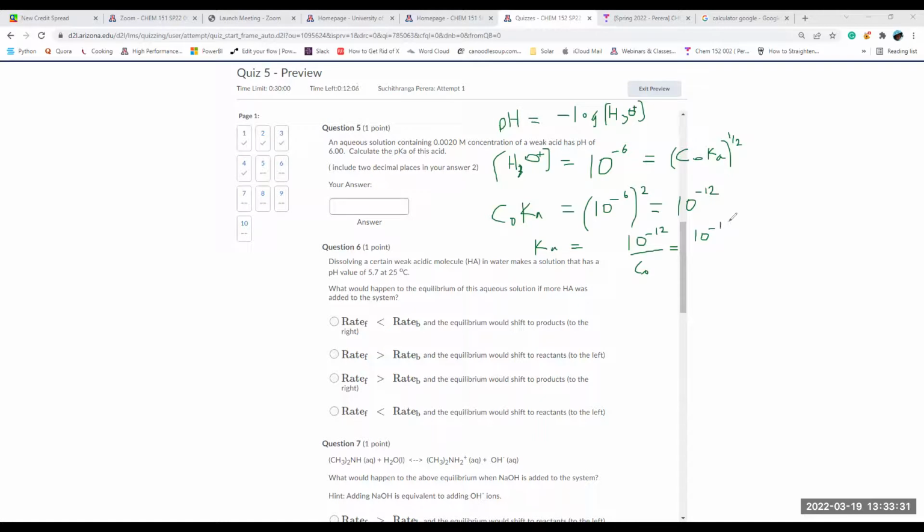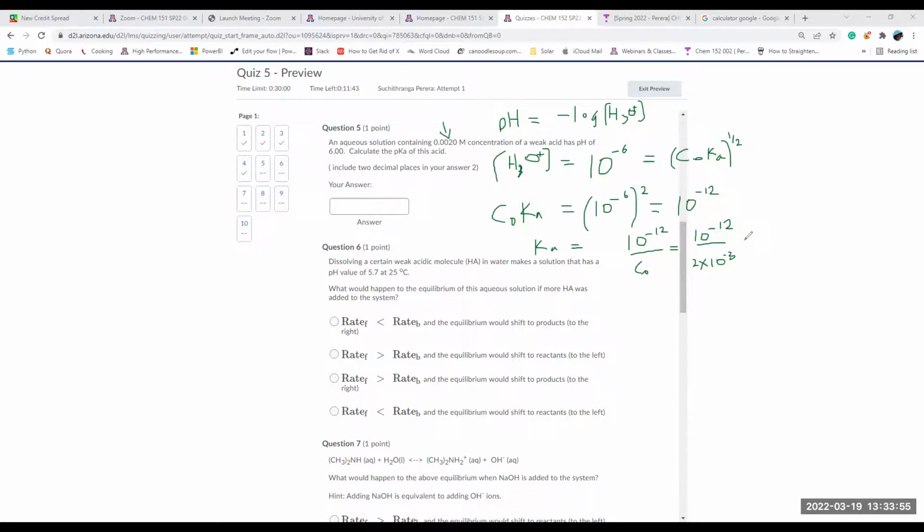10 to the power of minus 12 divided by C naught, which is 2 times 10 to the power of minus 3, this value over here, 0.002.